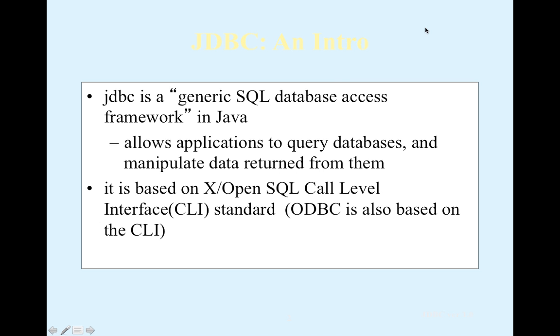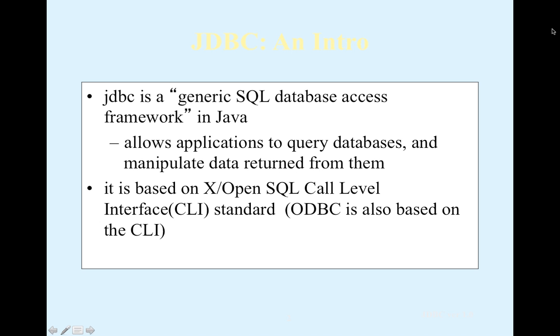It allows applications to query databases and manipulate data retrieved from them. It is based on the Open SQL call level interface. That means you're going to invoke SQL using a callable interface, the call level interface standard.